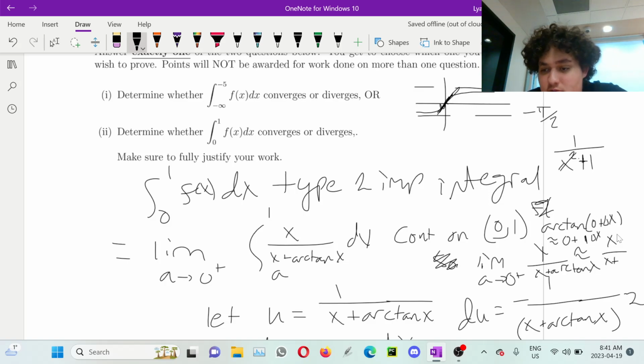So arctan x equals x for small x, so we just put x here, and that is just equal to 1.